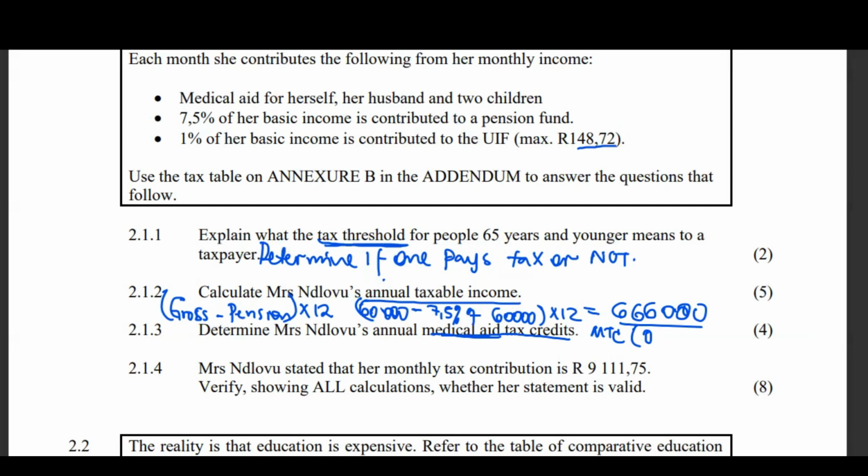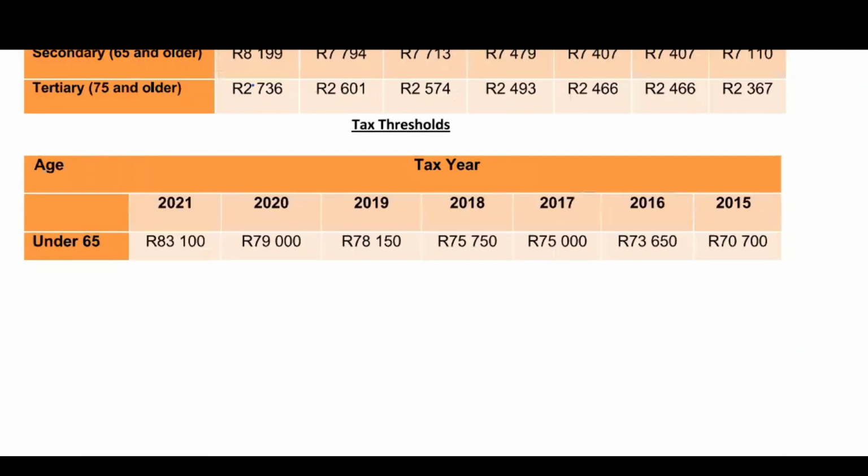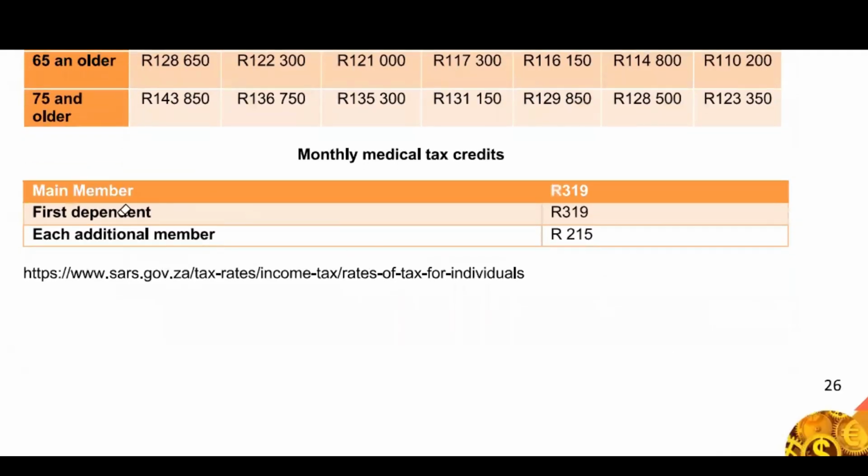We saw she pays medical aid for herself, that's one, for the husband, two, and two children. So the family has 4 people on medical aid. So we shall check on the table where medical aid is. Medical tax credits are like this. Together, there are 4 people.